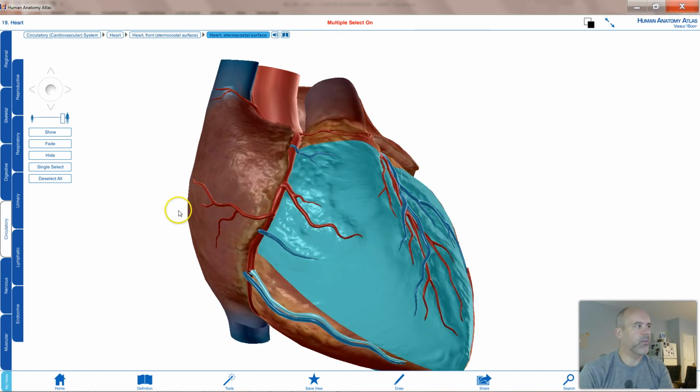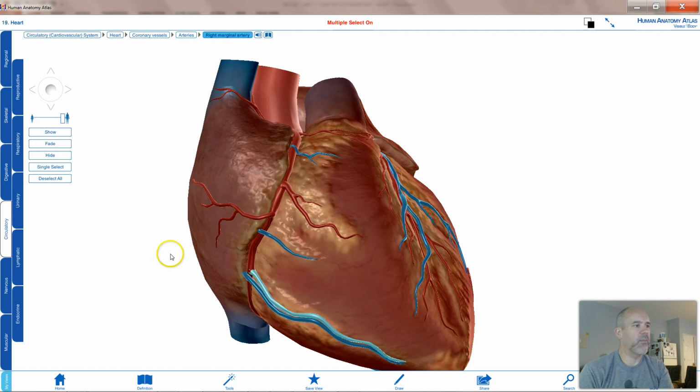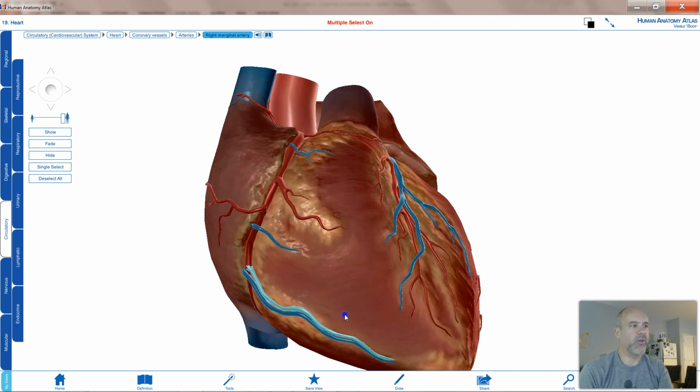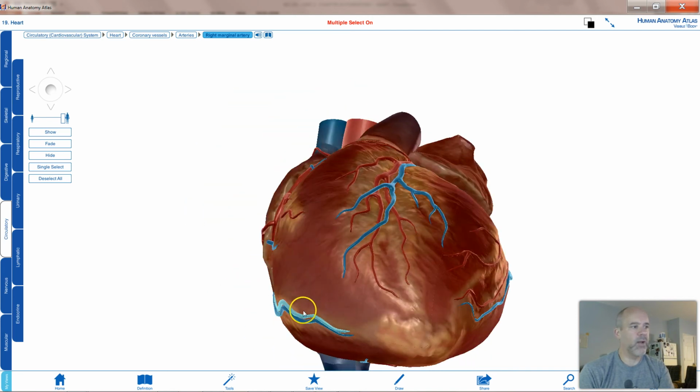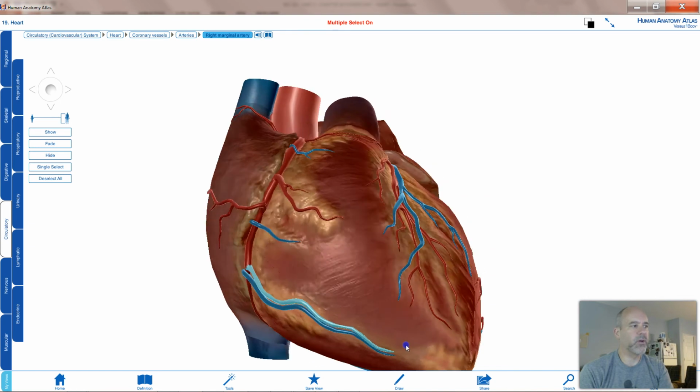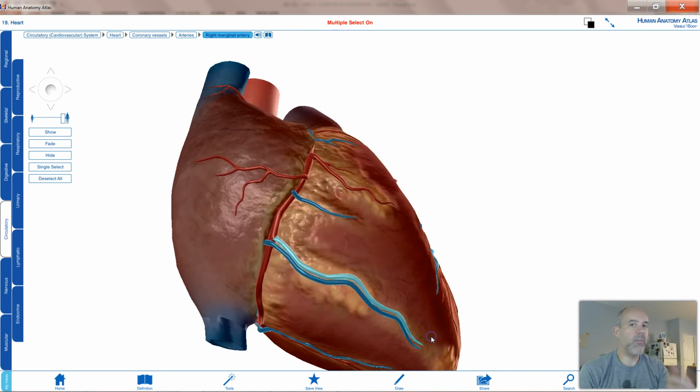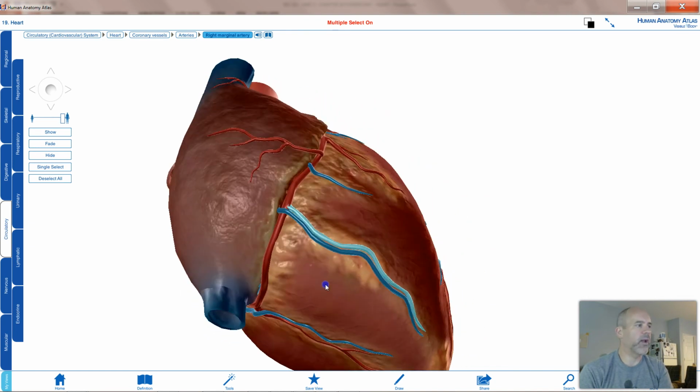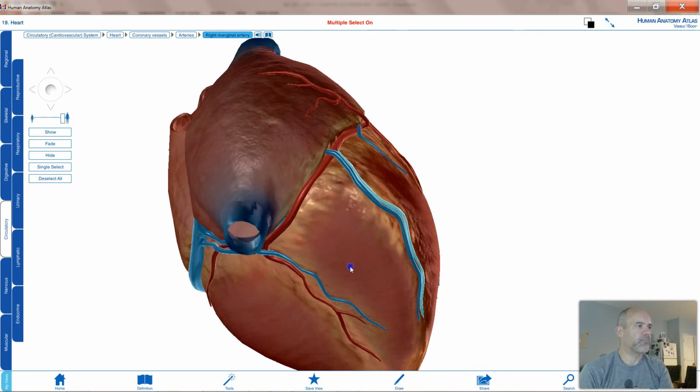That's your right marginal artery right there. It's down along the lower right margin of the heart, leading to the apex over here, that little pointy feature on the heart. So that's one major artery that branches off the right coronary artery.